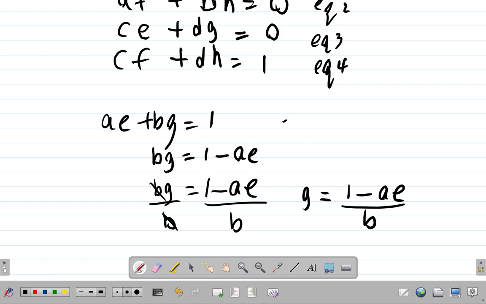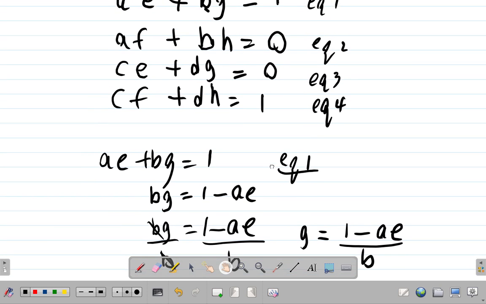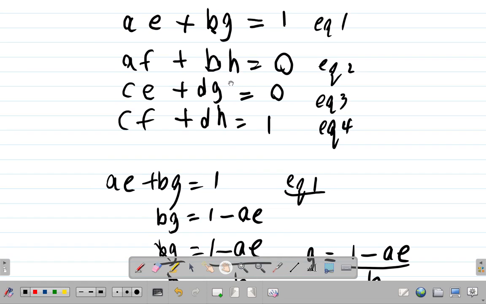So remember, this was equation 1. Now, that is G. The strategy that we're using is to make G the subject of each equation.